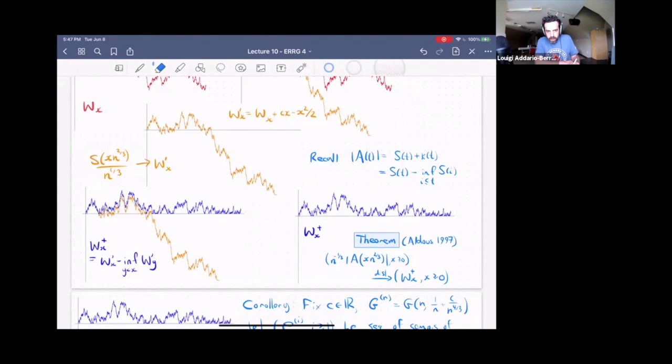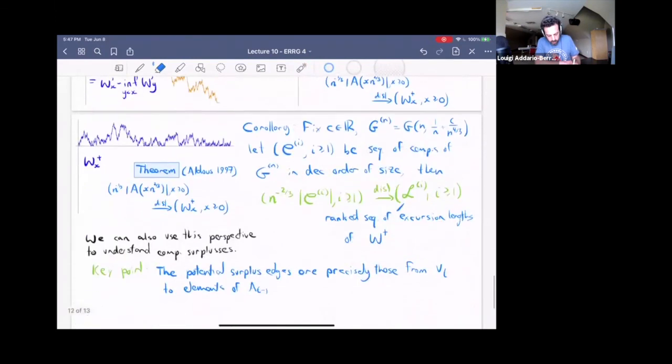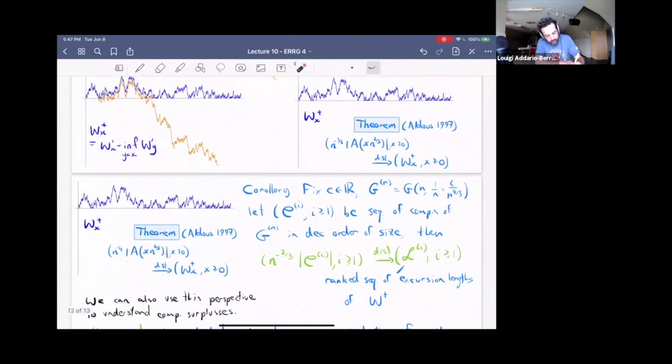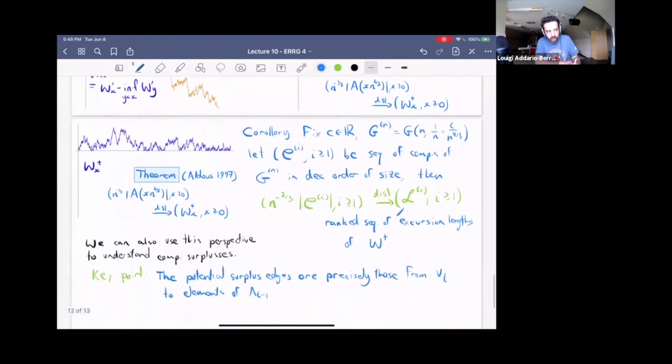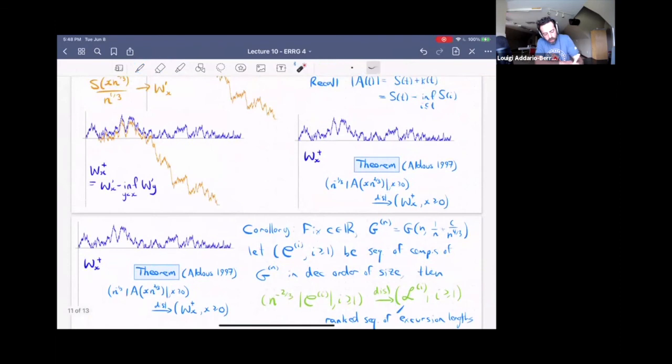Right. So these areas under these excursions are telling us about the number of possibilities for surplus edges. And of course, in the binomial random graph, each of those edges will independently be present with probability p.